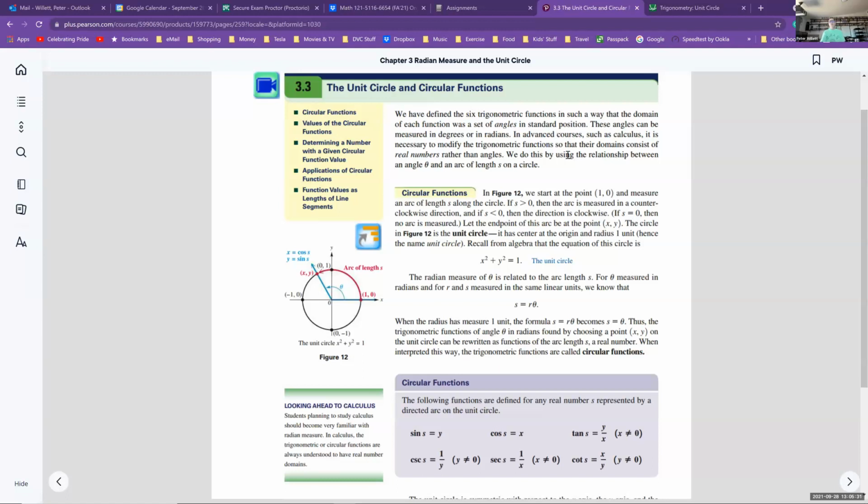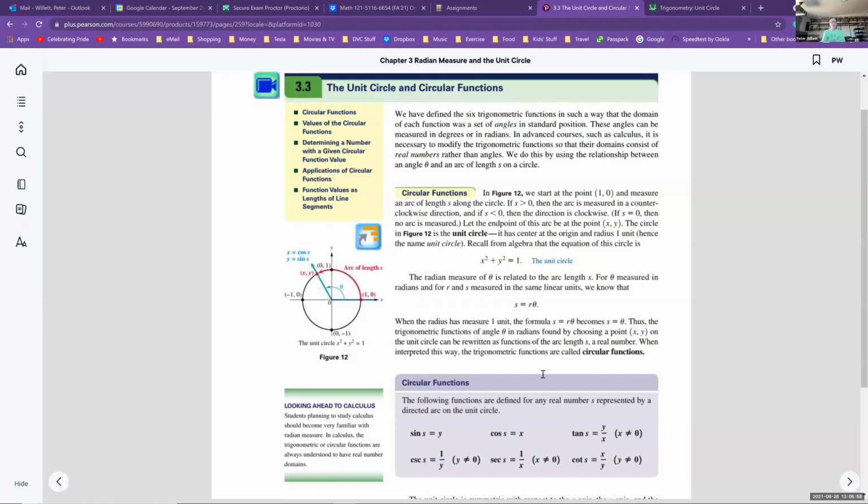So then it says what they're going to do now is use the relationship between an angle and an arc length of S on a circle to define these trigonometric functions by a real number specifically instead of by an angle. But the real number they're using is just the radian measurement on a unit circle, which is how I sort of defined things earlier on.